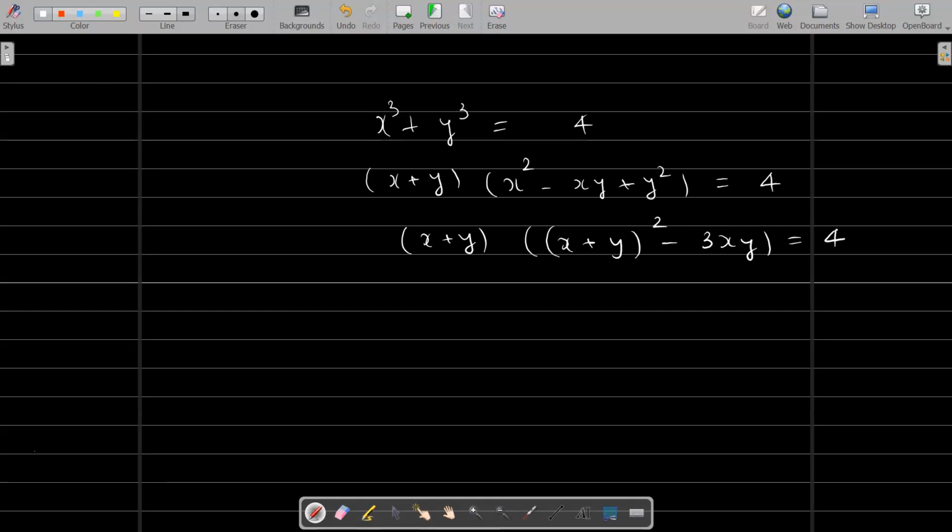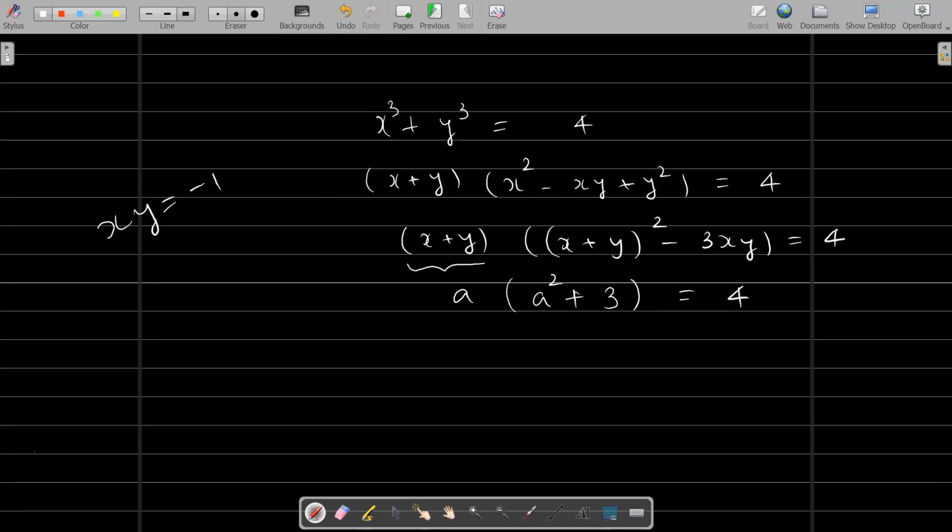Now, if we take x plus y equal to a, then we get a into a square minus 3xy. Minus 3xy is plus 3 because xy is minus 1. You get that by product, right? Xy is minus 1, yes. So this is plus 3.